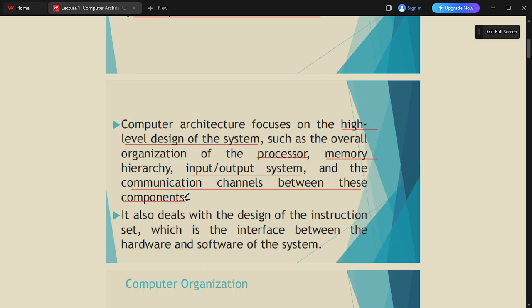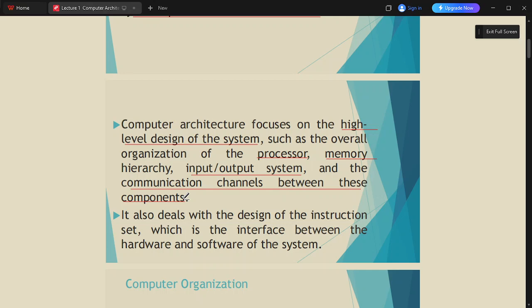The processor, which is the CPU, handles data and instructions. The memory hierarchy is how different types of memory are arranged and accessed, from fast to slower, RAM and storage.